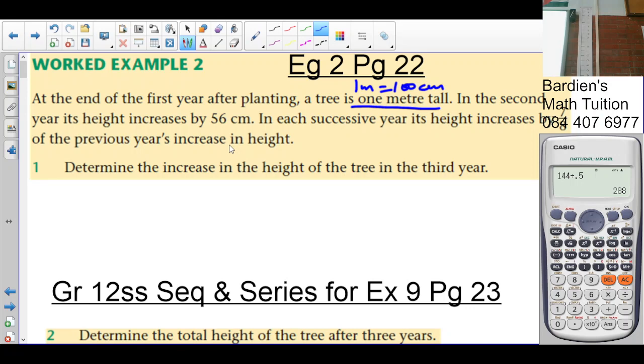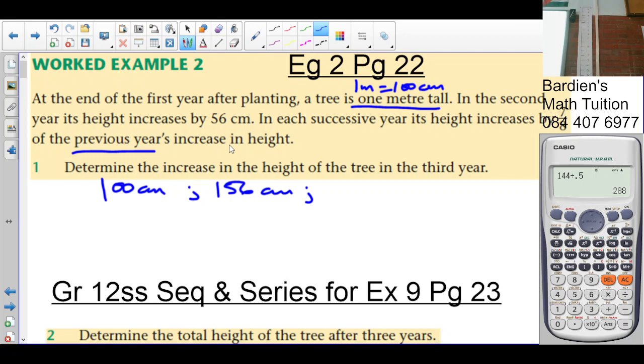So if we're looking at the scenario here, the first year the tree is 1 meter tall, which is 100 centimeters, let's work in centimeters. In the next year, the height is 156 centimeters. In our third year, it's 7/8 of 56. Why? Because we are told that in each successive year, its height increased by 7/8 of the previous year's increase in height.